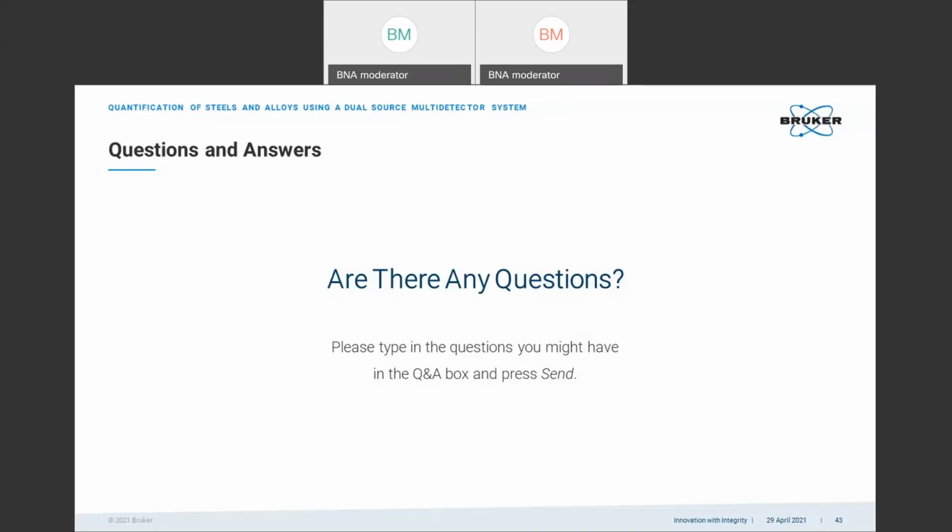Yeah. So that's why we apply the WDS just as an add-on, a good method for the analysis of some trace or light elements that cannot be determined by the other techniques. But we get the other elements at the same time, much faster, with different techniques like EDS or micro XRF.